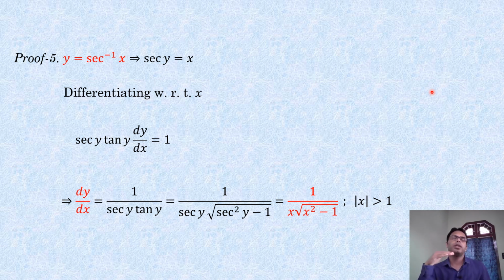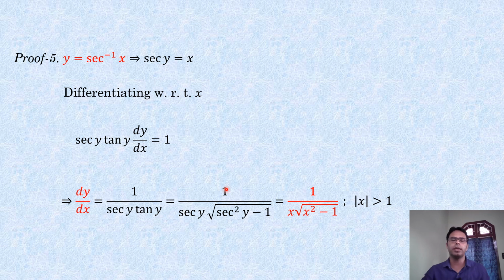Then you can solve number 6, because in that it is cosec inverse x, then cosec y is equal to x. The derivative of cosec y is minus cosec y into cot y, then into dy/dx is equal to 1, so it is minus 1 by cosec y cot y.